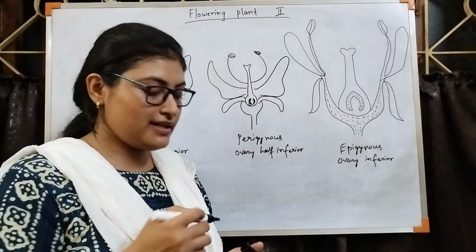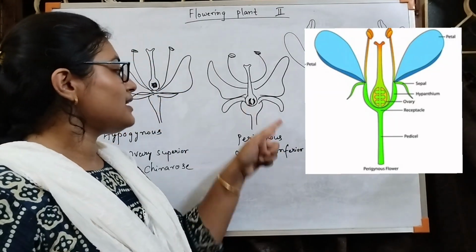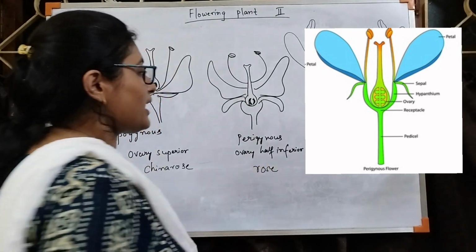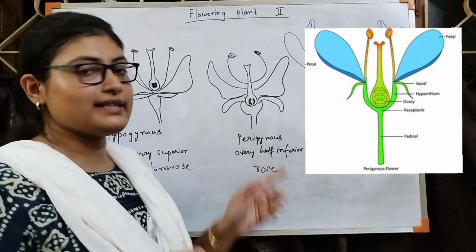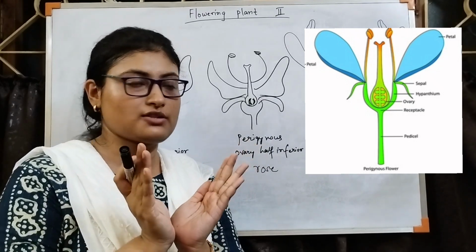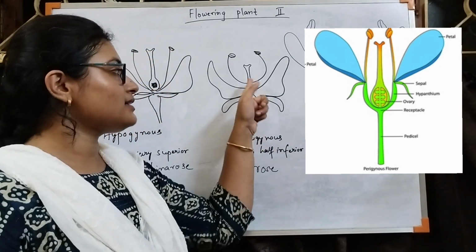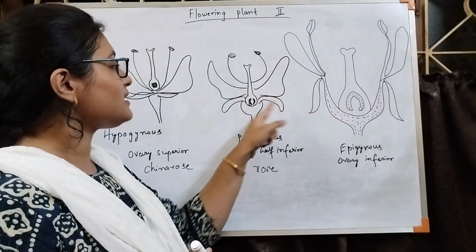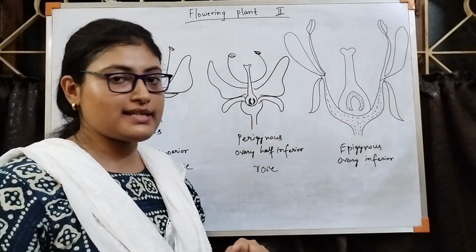Now next arrangement can be found in rose. Now if we see, the rose thalamus is a cup-shaped structure, where the ovary is half inferior. The next is epigynous.